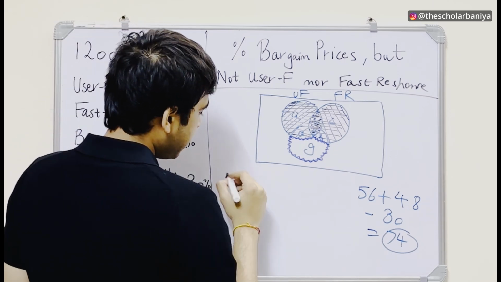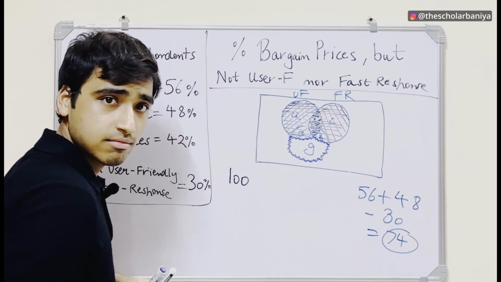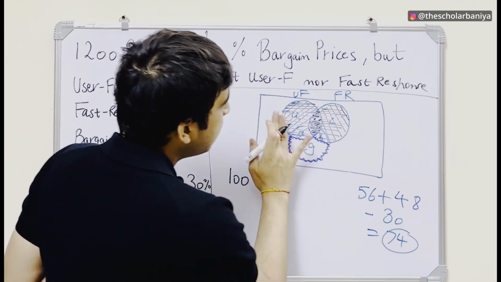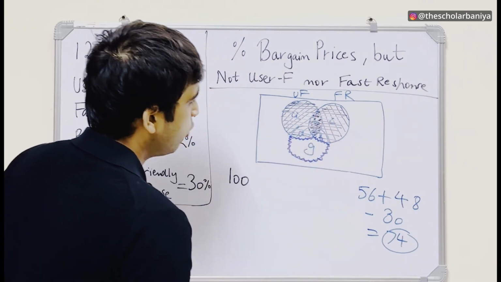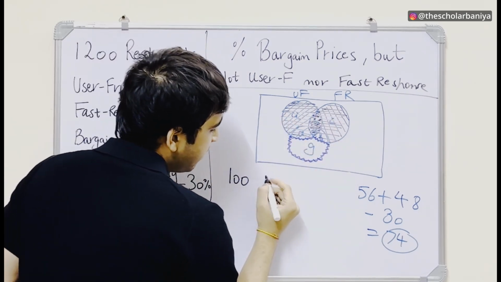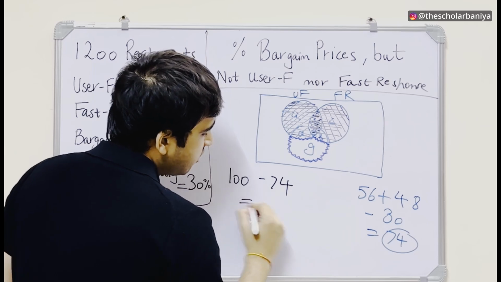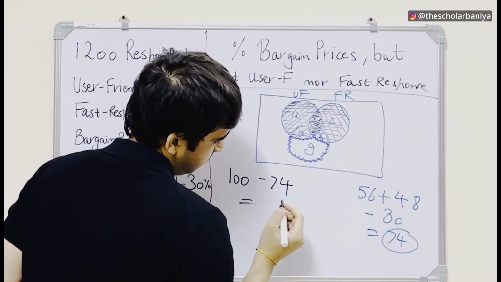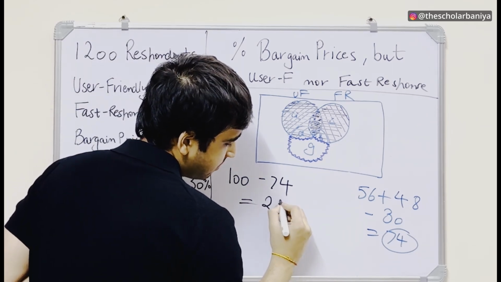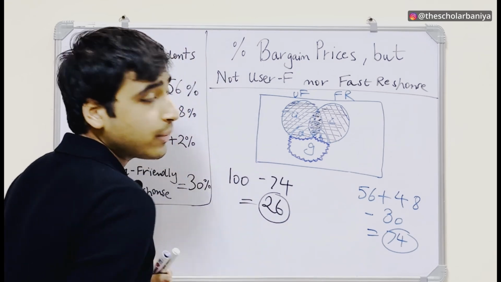So we subtract 74 from 100. How much will we get? 26.